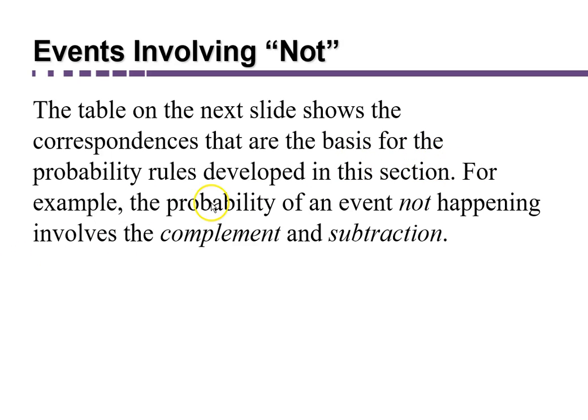For example, the probability of an event not happening involves the complement that we spoke of earlier and subtraction, where we take away from the universe those elements in our set. We subtract that, in a sense, our set, and that gives us the complement. We'll see it in action.